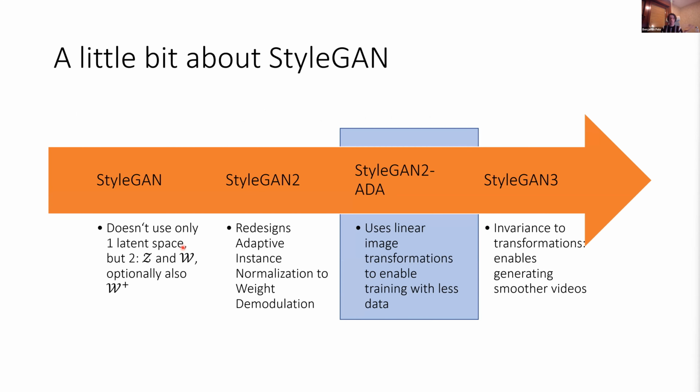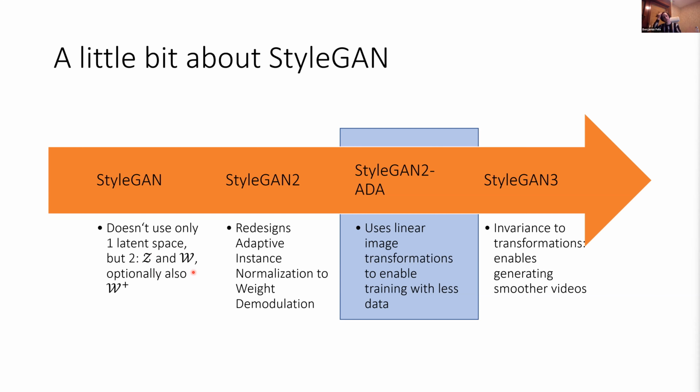So the previous example where I was showing you the editing in latent space, that uses StyleGAN particularly because it doesn't use this fully entangled latent space, that is usually denoted as Z. You can see it here, but instead uses W latent space, which is a transformation of this original one.